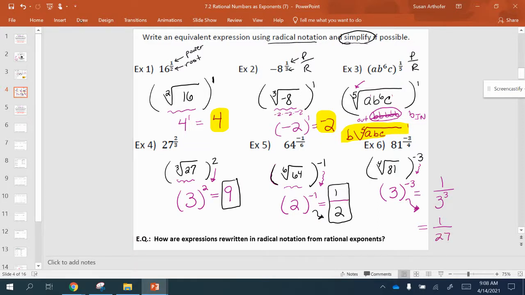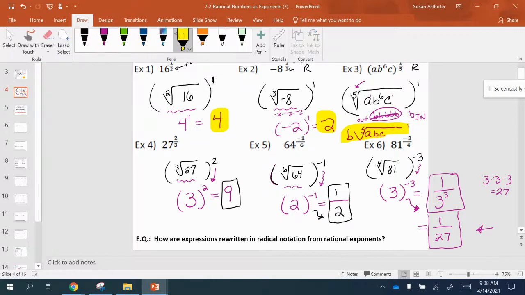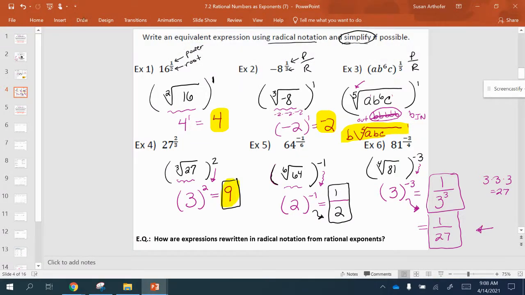Okay, so this is a final answer, or you could also have this one because they're equivalent. They're worth the same, right? Because 3 times 3 is 9 times 3 equals 27. So at this level going into college, you really should have this answer here, okay? All right, so there's our 3 answers for number 4, 5, and 6.